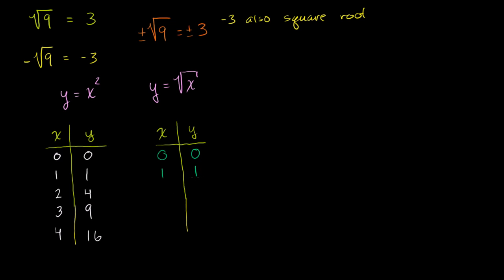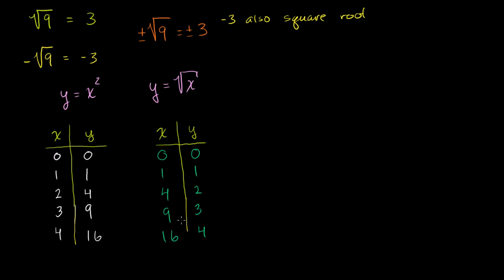It has another square root that's negative 1, but we don't have a positive or negative written here. We just have the principal square root. When x is 4, the principal square root of 4 is positive 2. When x is equal to 9, the principal square root of 9 is 3. Finally, when x is equal to 16, the principal square root of 16 is 4.